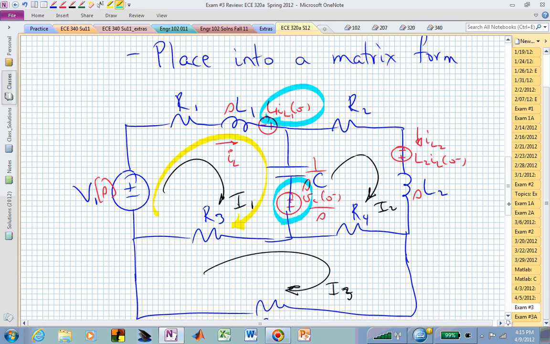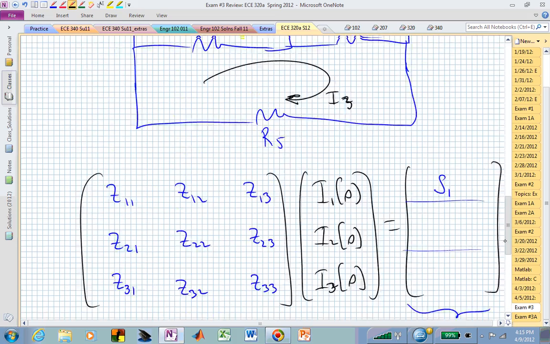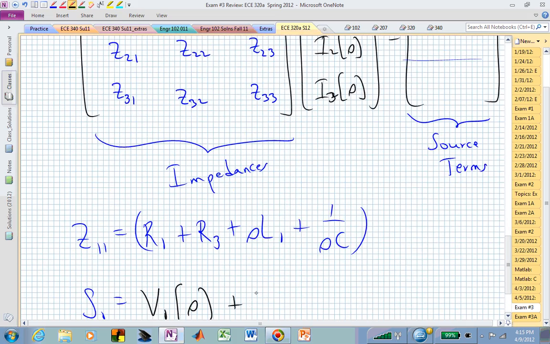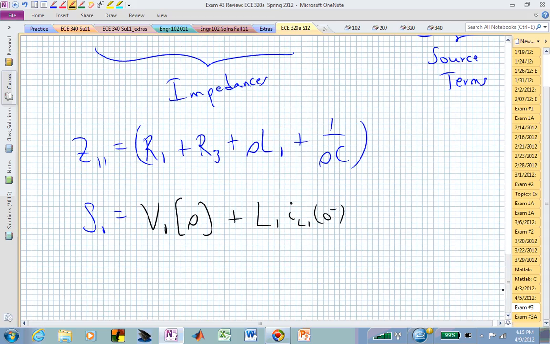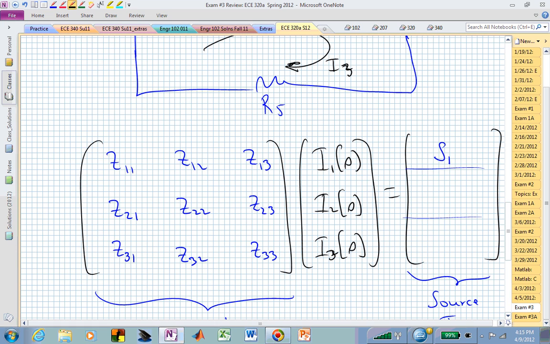Meaning S1 now becomes this expression, V1 of S, whatever that happened to be, plus the initial condition due to the first inductor, that's L sub 1, I sub L sub 1 of 0 minus, and then minus the initial condition due to the capacitor. And all of that is the term in that first row of the source column. And you just continue to fill that in.